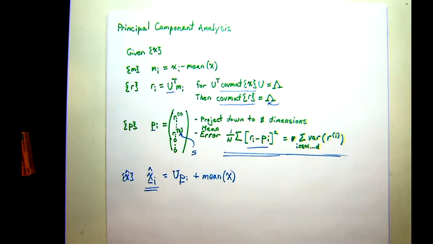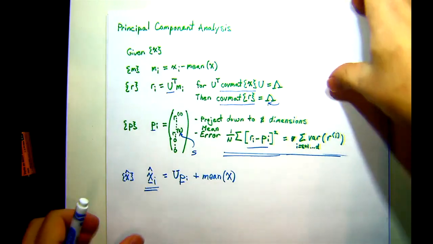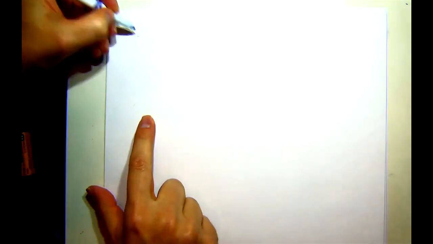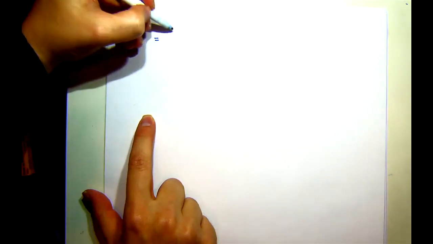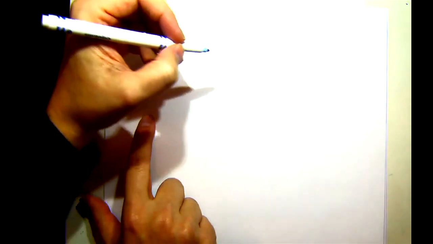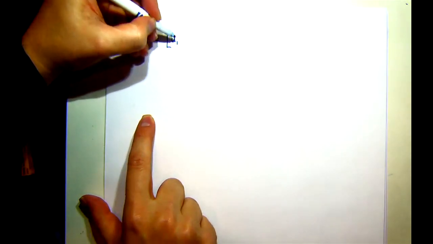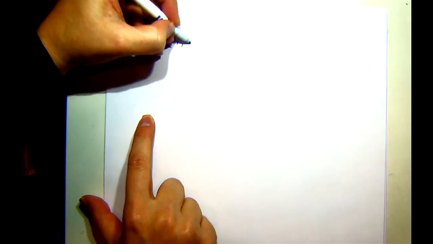Now we're going to look at a real quick way to think about principal components, and this is actually why we call them principal components. If we have our U matrix, we can rewrite this essentially as a bunch of column vectors put together.